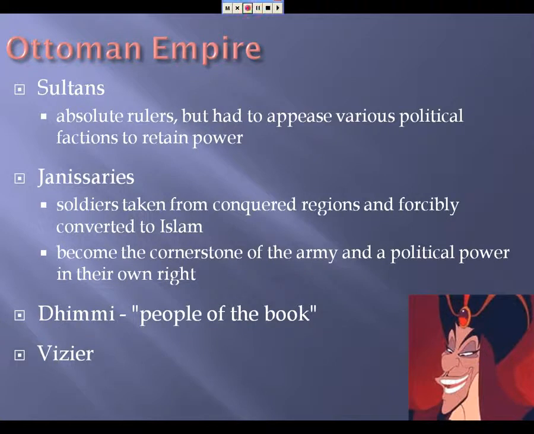Instead, these are children, sometimes infants, that are taken from conquered areas, brought back to Istanbul later, and from childhood are trained to be warriors, are taught and brought up in the Muslim faith.